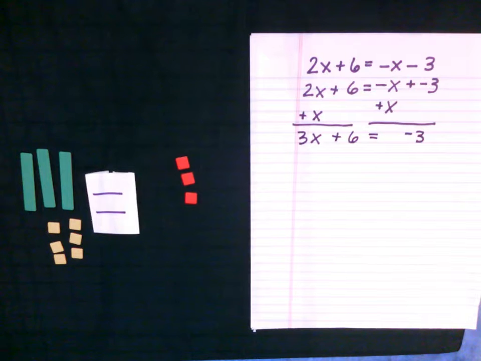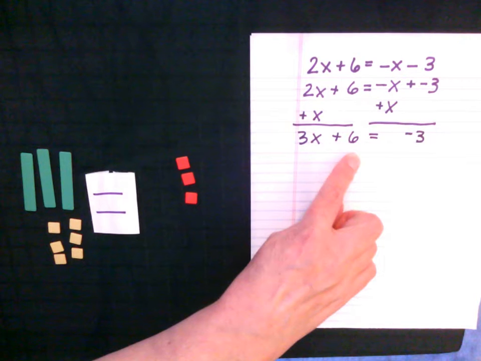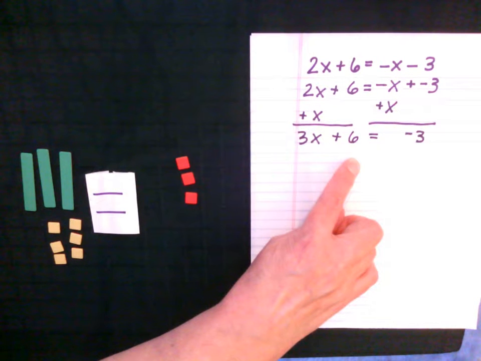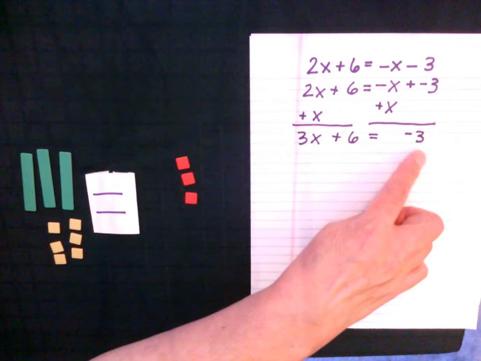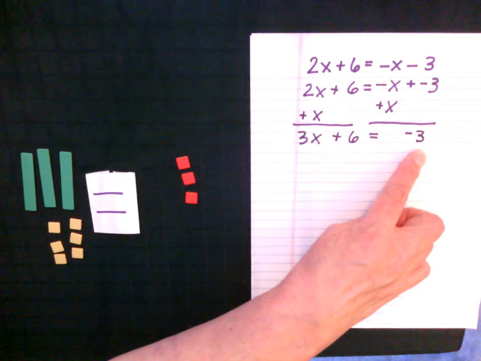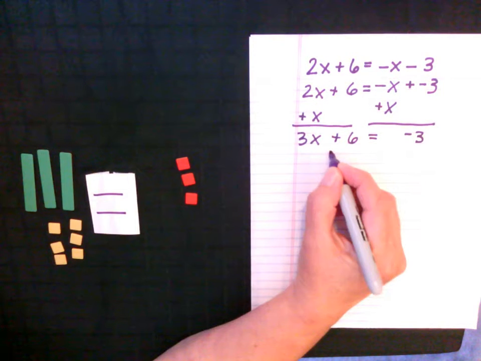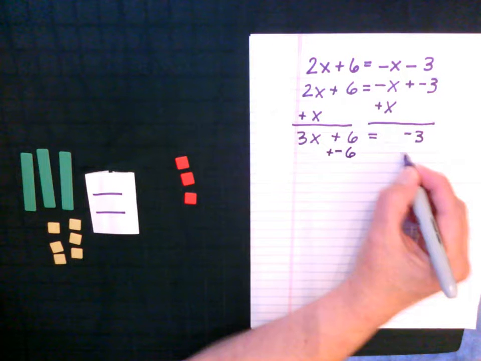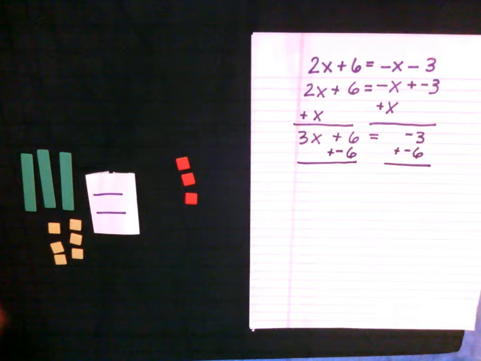The next thing I will do is I'd like to either subtract 6 or add a negative 6. It's going to be simpler to add a negative 6 to both sides because I don't have any positives on the right hand side to subtract from. So let's do that. Plus a negative 6 plus a negative 6 on both sides.